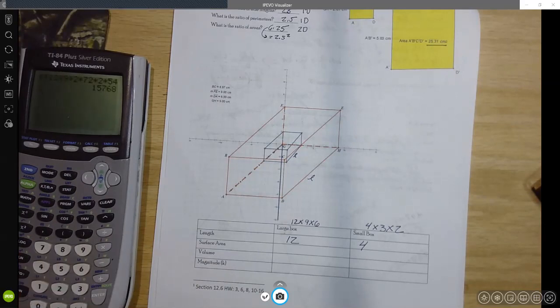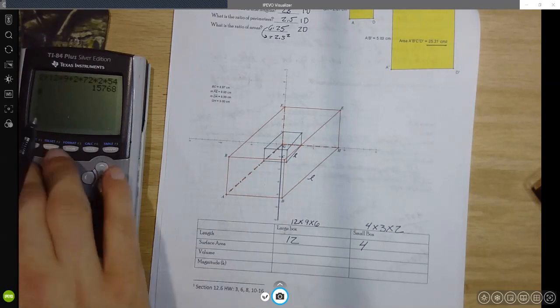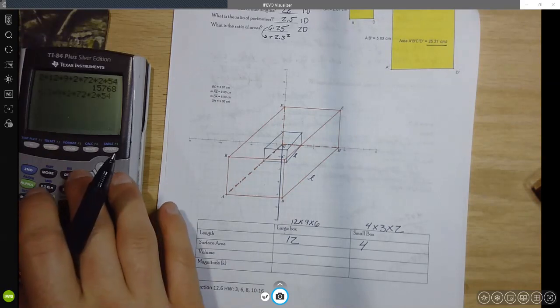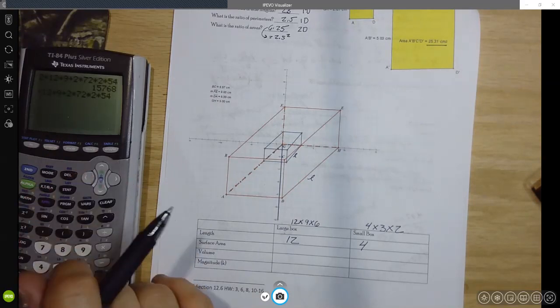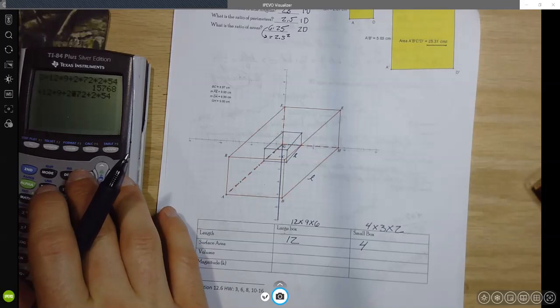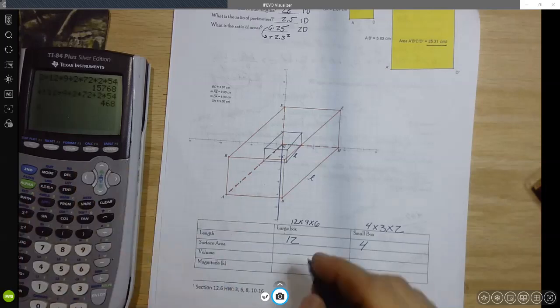I hope that's right. Oh, I can see it's not because I did a multiplication sign instead of a plus sign. Rotten. Let's try that. 468. That sounds better.